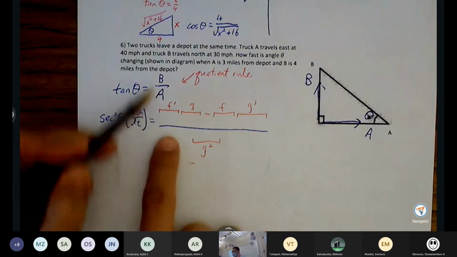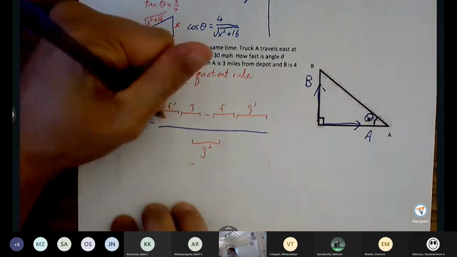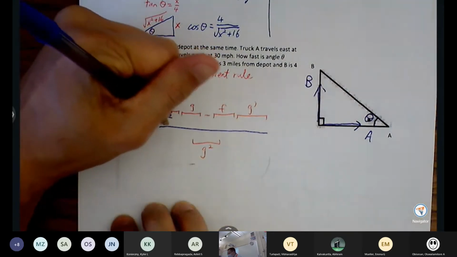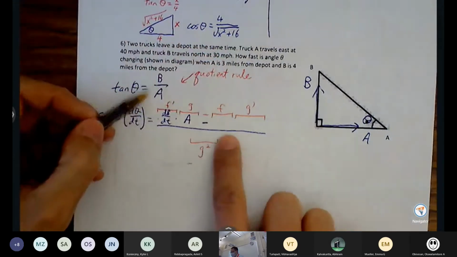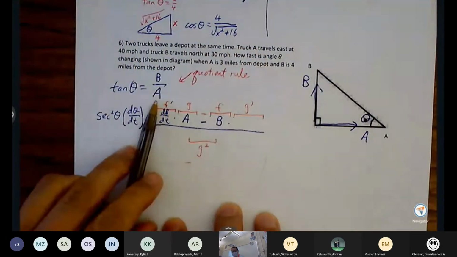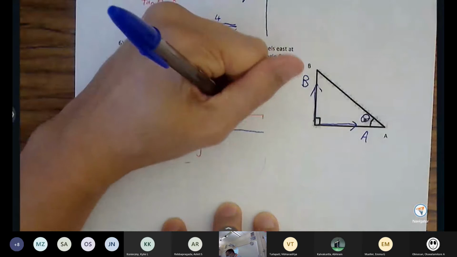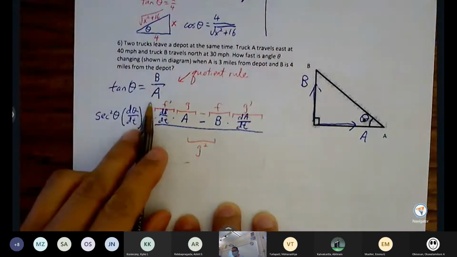Okay, f prime, b becomes dB dt, or 1 dB dt, minus f g prime, a becomes dA dt, all over denominator squared.